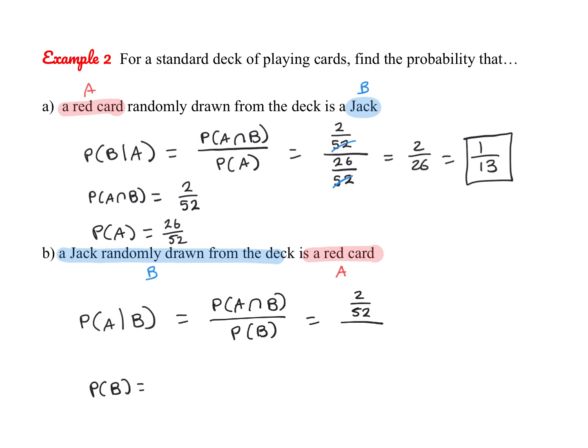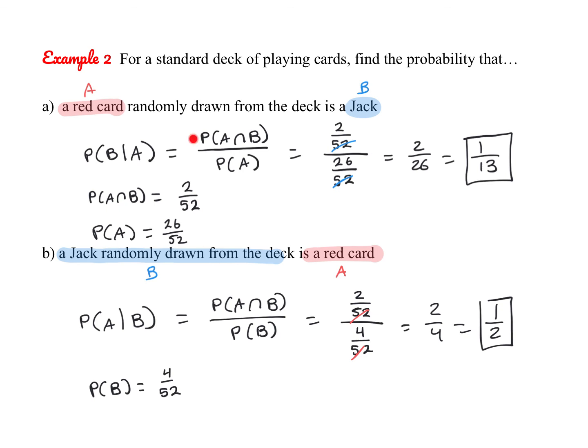There are 4 jacks in each deck, so that one would be 4 over 52. So we do 2 over 52 divided by 4 over 52. We multiply by the reciprocal and simplify, and we get 2 over 4, which is 1/2. So the probability that you draw a red card, given that it is already a jack, is 1/2.